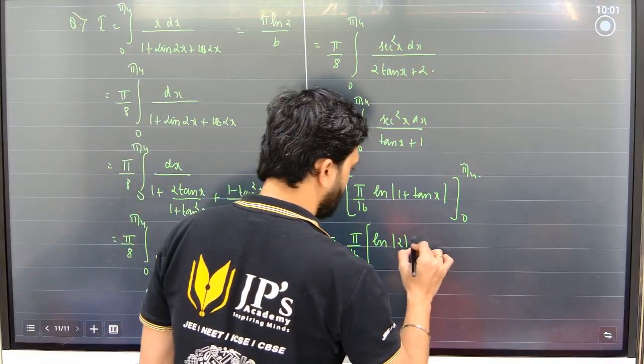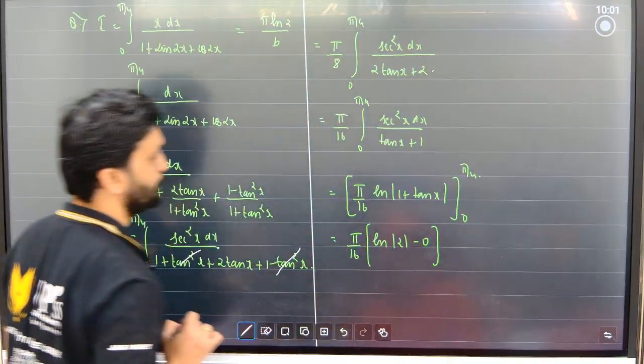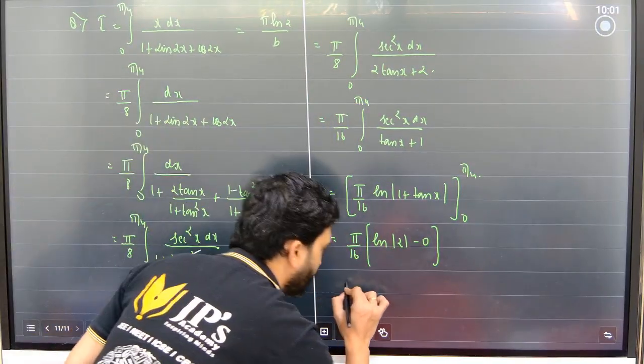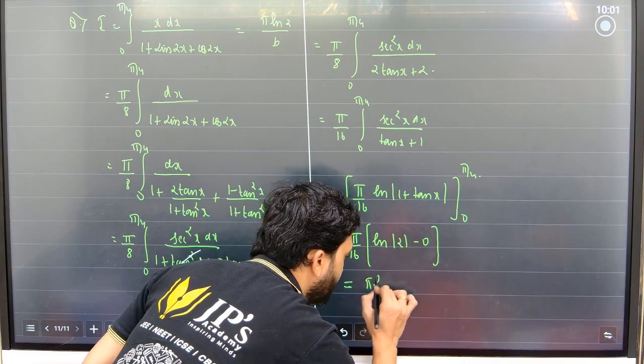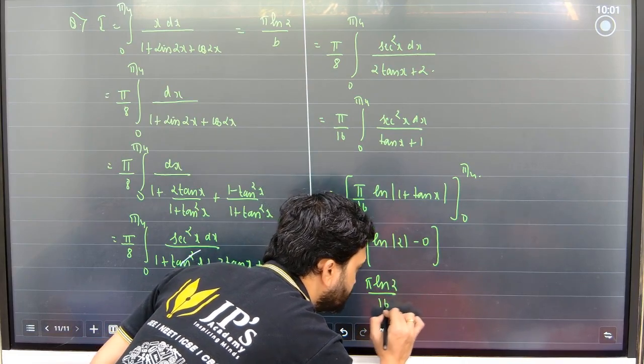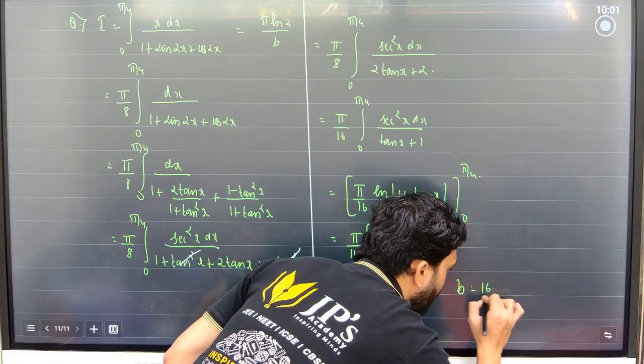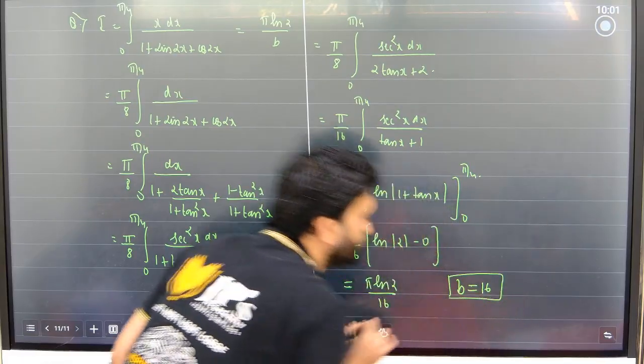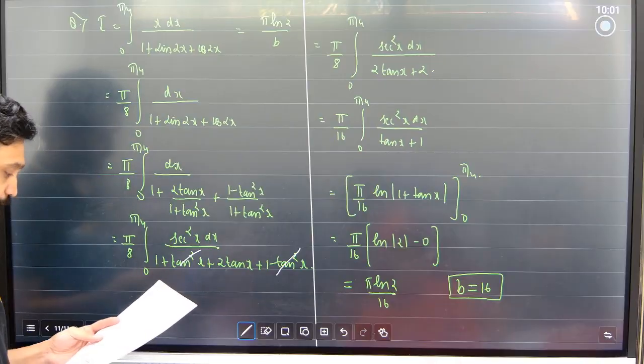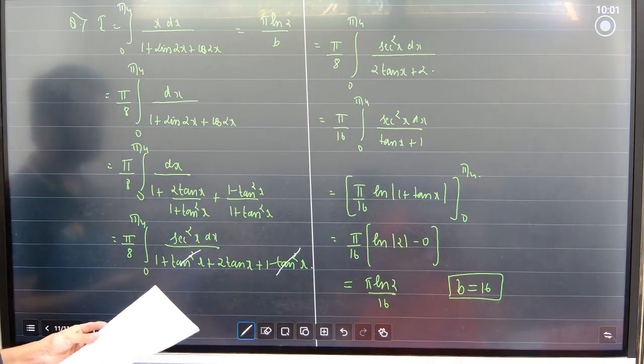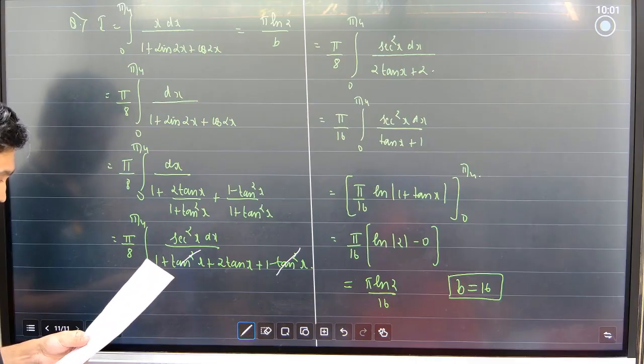And if I put 0, this will become 0. So I will get pi ln 2 upon 16. Therefore I have got the value of b as 16, and I have got the answer as 16. Okay, pi by 2 ln b.